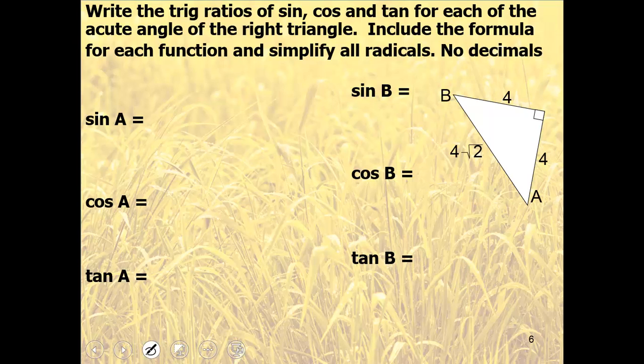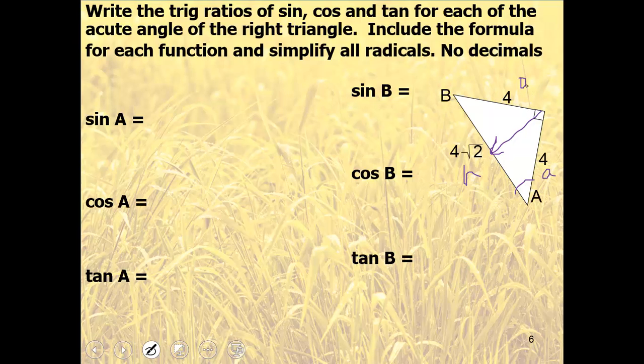All right. Here is angle A. Oh, I didn't leave myself much room over here, did I? That was silly of me to place it like that. Okay, here we go. So this is my adjacent side. This is my hypotenuse because it's across from the right angle. And this is my side opposite. All right.